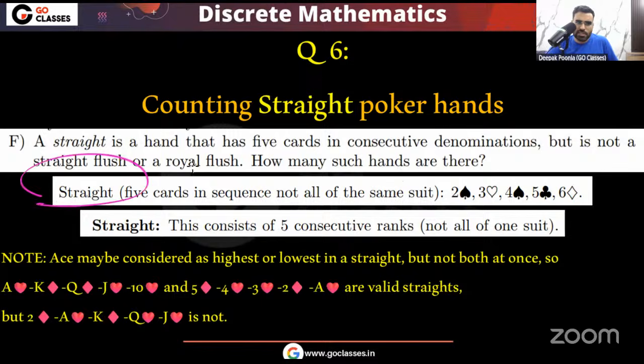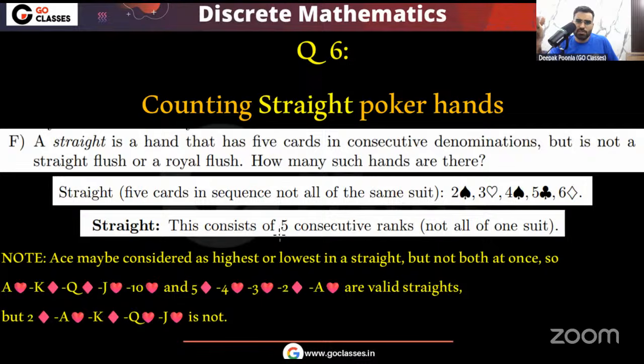So you can see that straight is 5 cards in a sequence, means consecutive values, not all of the same suit. It should not happen that all are having the same suit, because if all have the same suit and consecutive denomination, then either it will be royal flush or it will be straight flush. Do you agree with me?